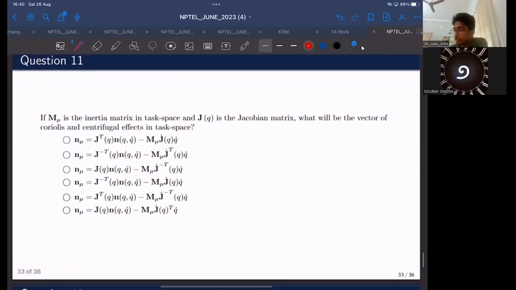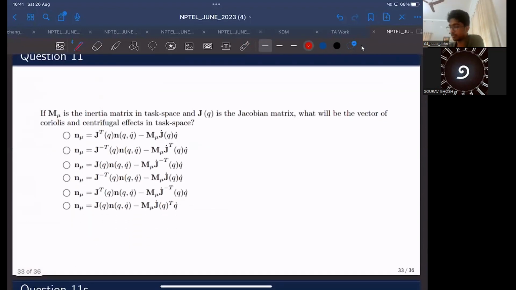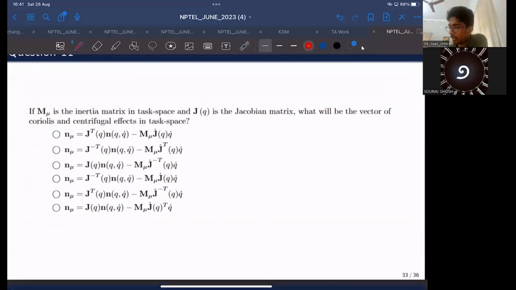So moving on to the second last question, it basically says, if M of mu is the inertia matrix in task space and J of Q is the Jacobian matrix, what will be the vector of Coriolis and centrifugal effects in task space? So this is a fairly involved question. I guess we have come across the transformation of the dynamics equation of motion between task space and joint space.